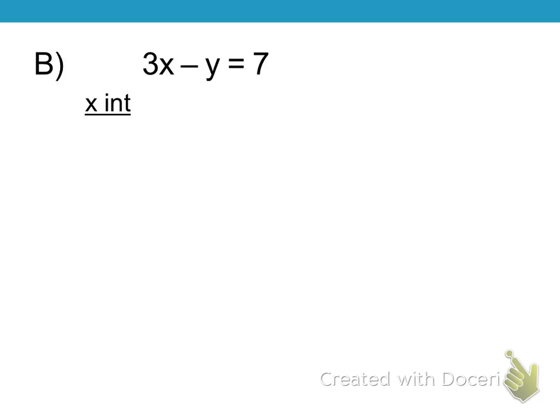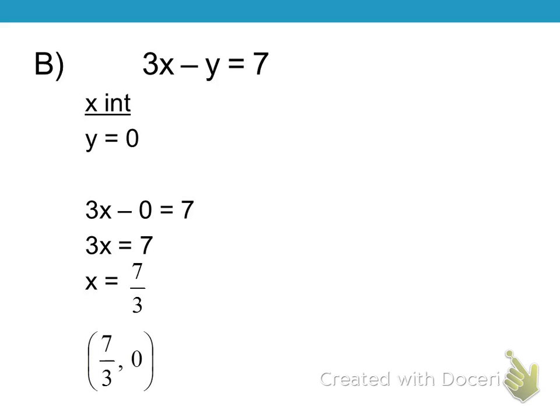You're going to make y equal to 0. So we'll be left with 3x minus 0 equals 7, sort of like covering up the y term. We have 3x equals 7. So what is my x-intercept? 7/3. What a beautiful x-intercept.